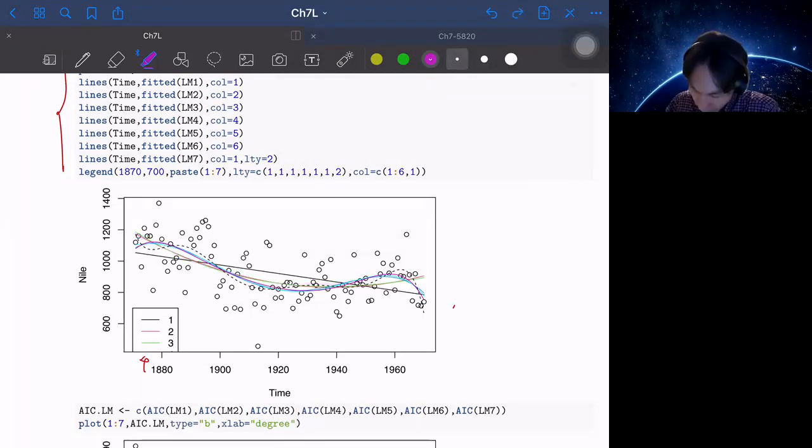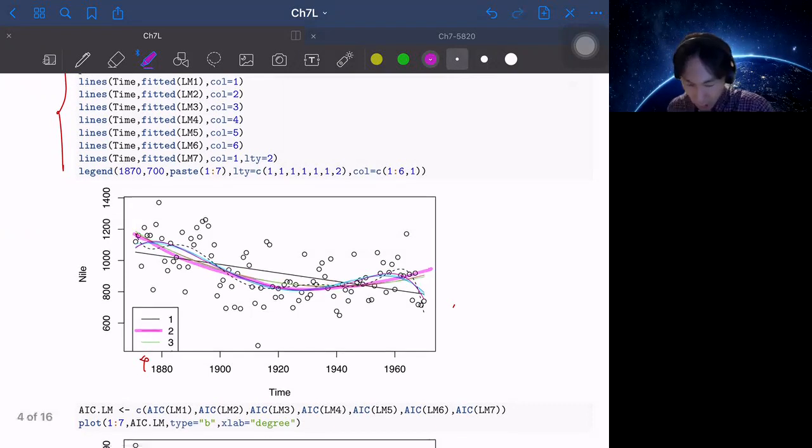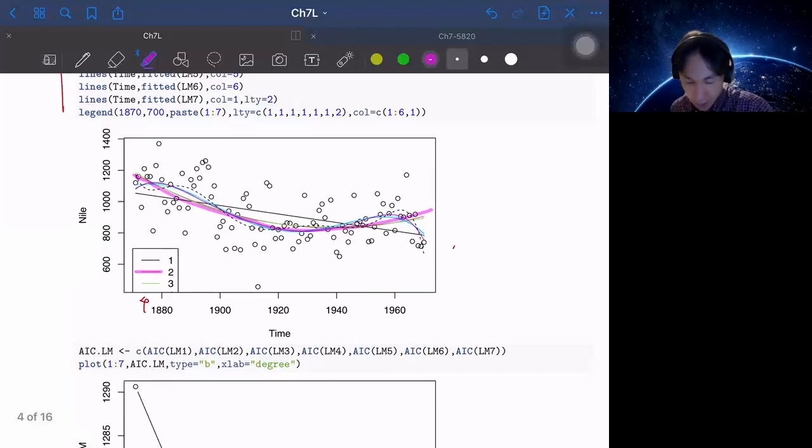No, this is not. This is pink. Probably like this, right? So this is the second one, and the third one is a cubic curve, and the 4th one, 5th one, and so on. So yeah, I don't know which is the correct one, but it changes a little bit. And if the degree gets higher, actually it doesn't change much. So the first several ones are different, maybe 1, 2, 3, 4 are different, but after that probably it's pretty similar.